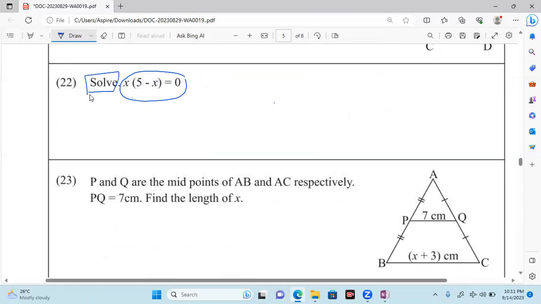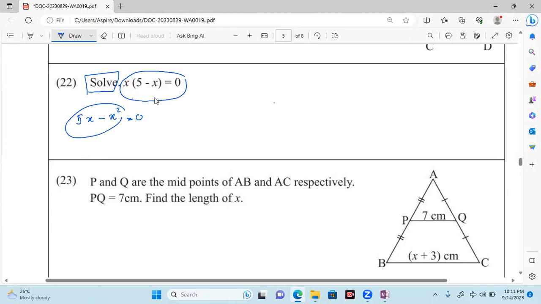Solve means you have to find the value of the unknown term. Here, if we simplify this by removing the brackets, x into 5 is 5x. x into x is x squared, equals 0. Then you can identify this is a quadratic equation.